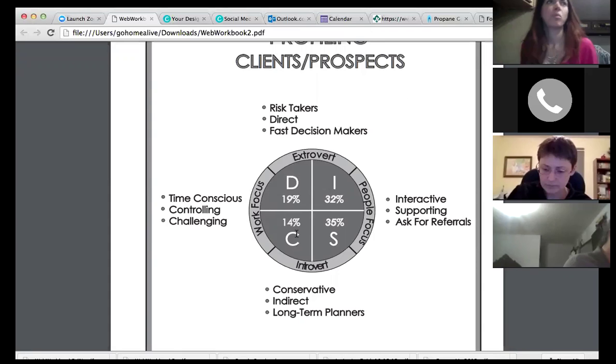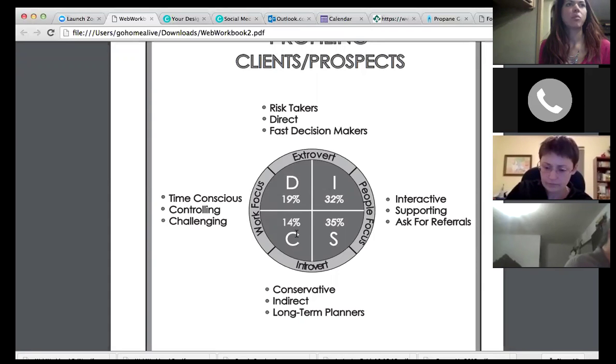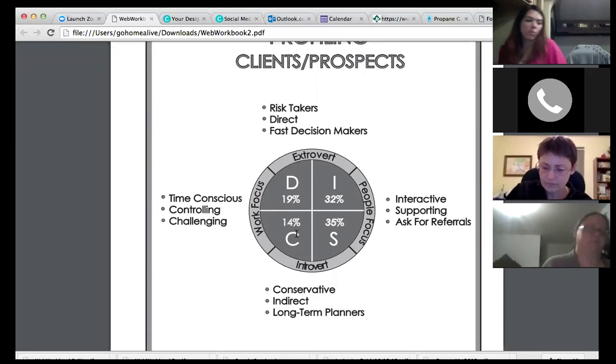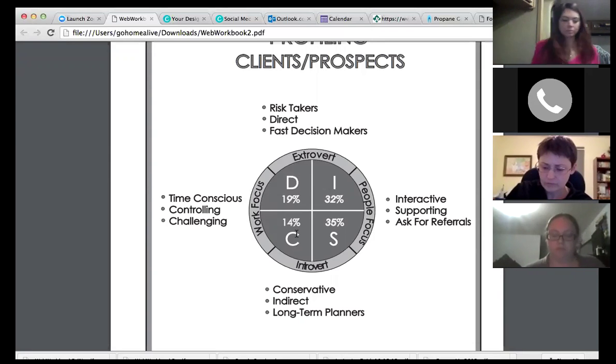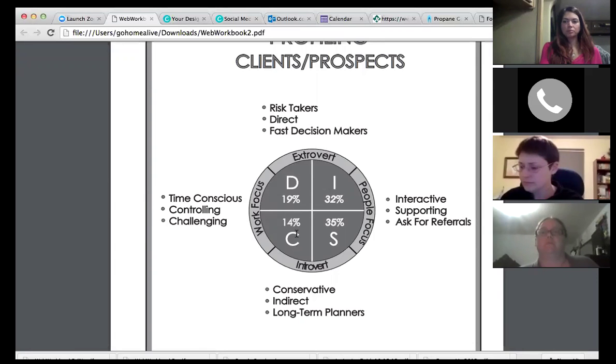It says job-oriented, not friend-oriented, not family-oriented, not people. They're job-oriented. So the only people they know are people that are helping them get their work done. So they may not ever give you a referral. It does not mean that you're not doing a good job for them. It just means that they don't know many people to refer you to.